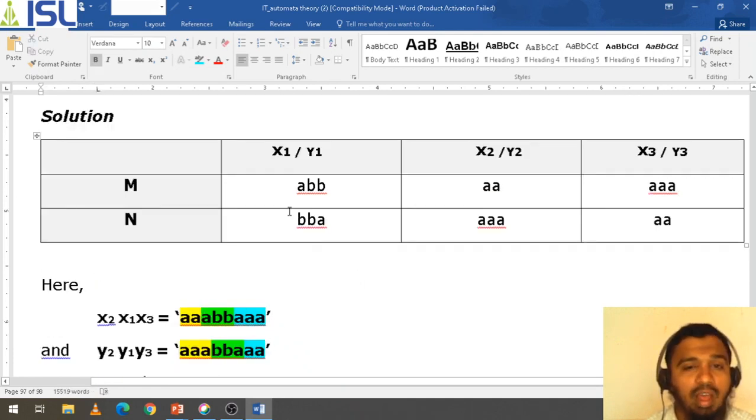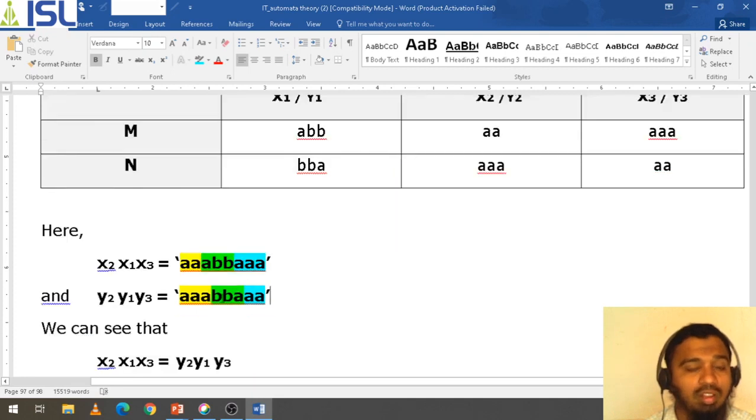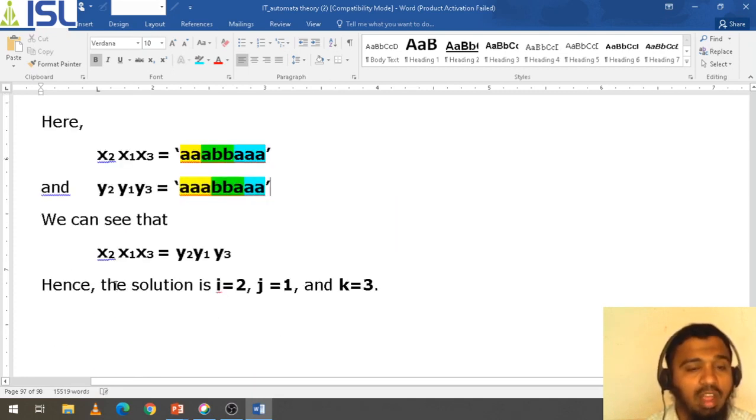Whatever data we have here, that is the answer. That means x2, x1, x3 is equal to y2, y1, y3.